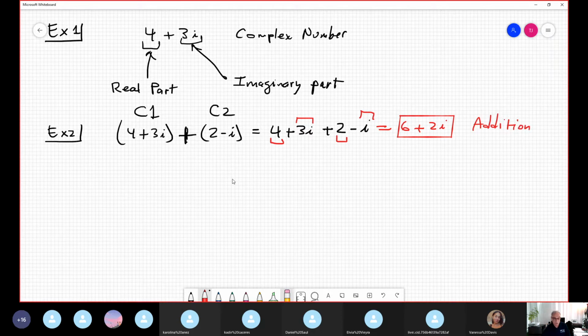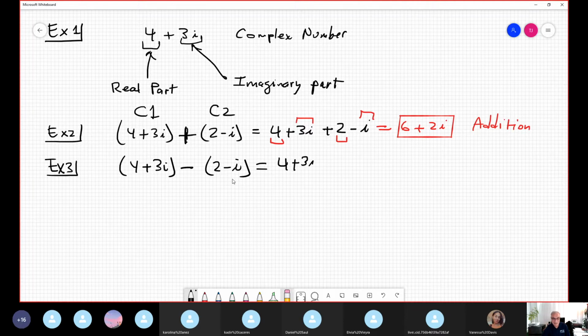Now subtraction. Example 3, subtraction. It's very similar. Suppose the same number, 4 plus 3i, but now minus, subtraction, 2 minus i. Well, first of all, you remove the parentheses. The first one, you copy exactly the same. But the second, no. Because we have minus in the front, you consider it like an invisible negative 1. And when you distribute this, change the sign.